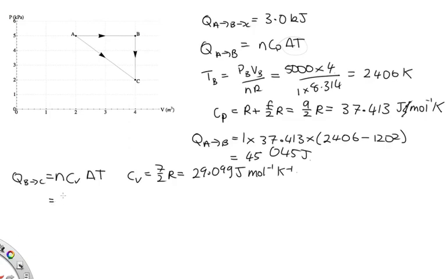Okay, so substituting in 1 times 29.099. Now the final temperature was the temperature at C, which we said was 962, minus the initial temperature, the temperature at B, which was 2,406.